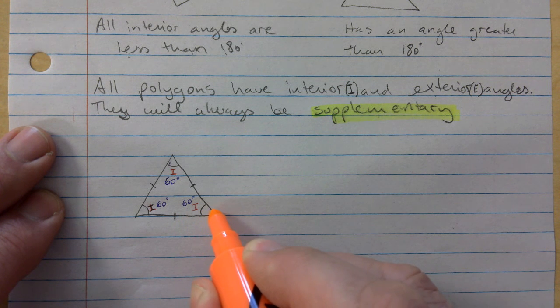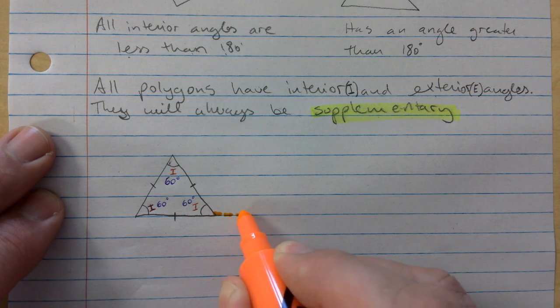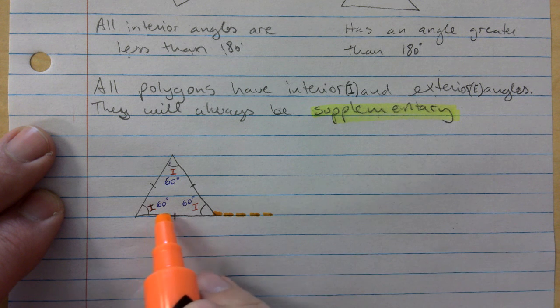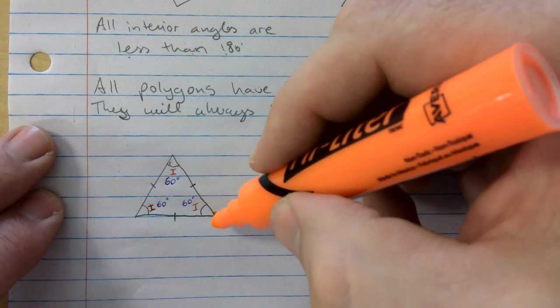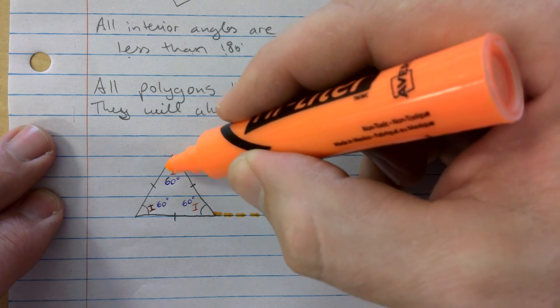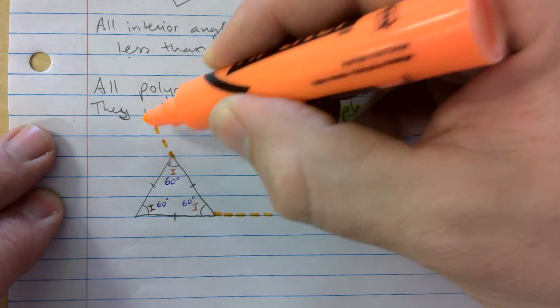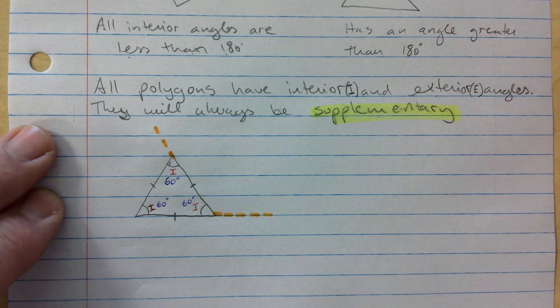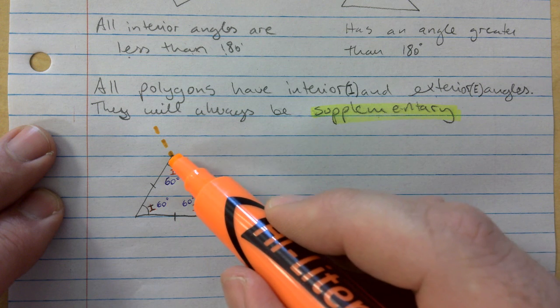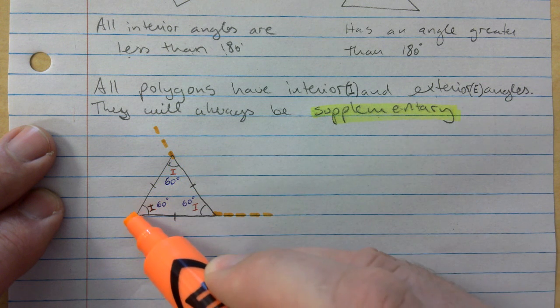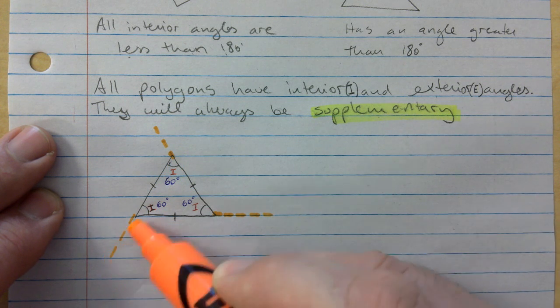So we're gonna start at the corner and just kind of make a dashed line going out. So we're almost extending that baseline. Okay. Then we're gonna travel up this triangle to the top corner and extend that side like that. And from the top, we're going to travel down and extend that line like that.